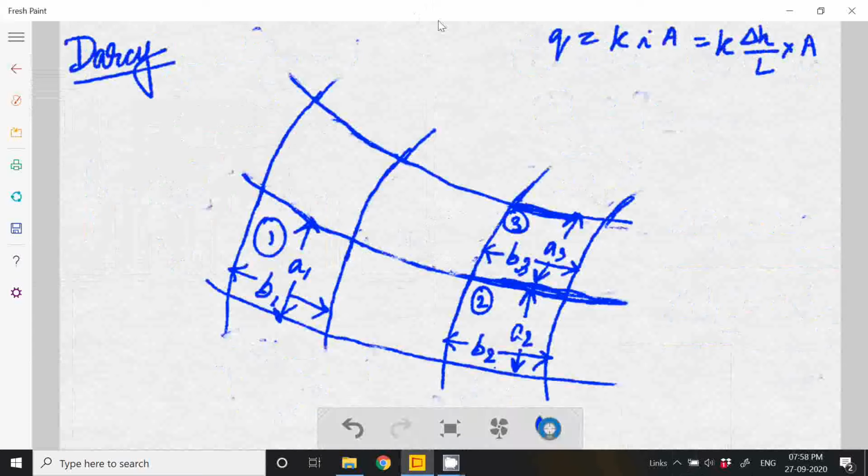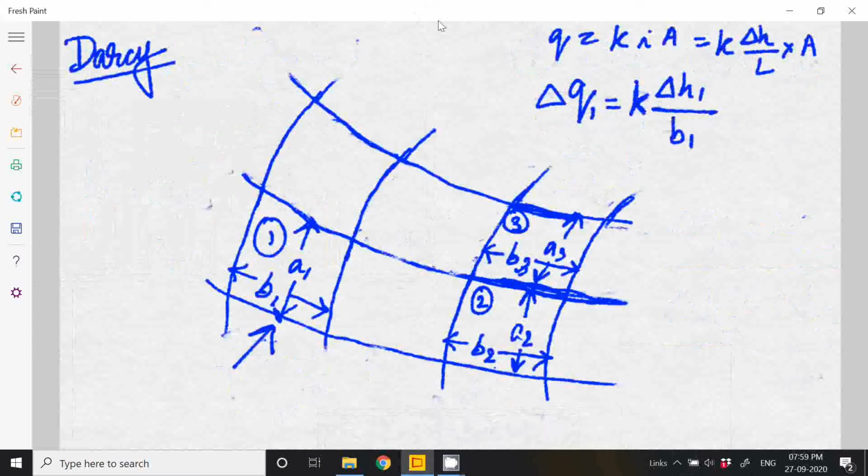If I use the same formula for delta Q1, delta Q2 and delta Q3, and consider the permeability as K, because this whole flow net is passing through the same soil, K will be the same. It is the property of the soil. So for Q1, concentrate on this field. K, delta H will be delta H1, and L will be B1. The flow is passing through a length of B1.